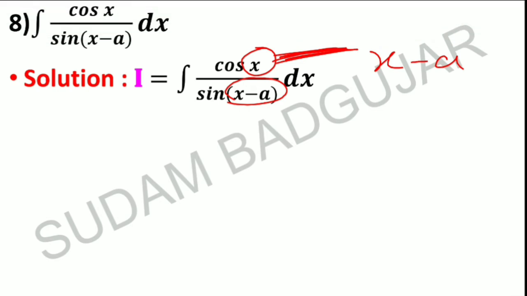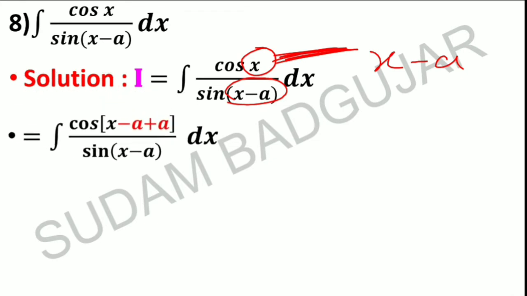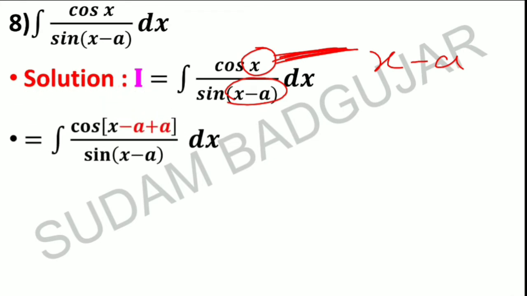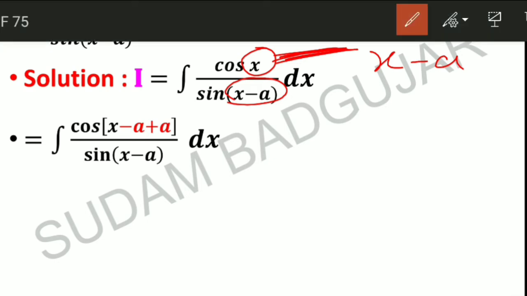You have to subtract a and add a at the numerator angle, and that is nothing but I is equal to integration of cos of (x minus a plus a) upon sine of (x minus a). You don't cancel a at the numerator. If you cancel this, then it is x, the previous one.